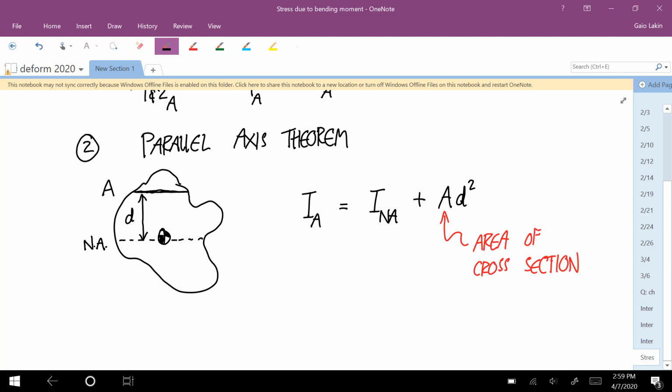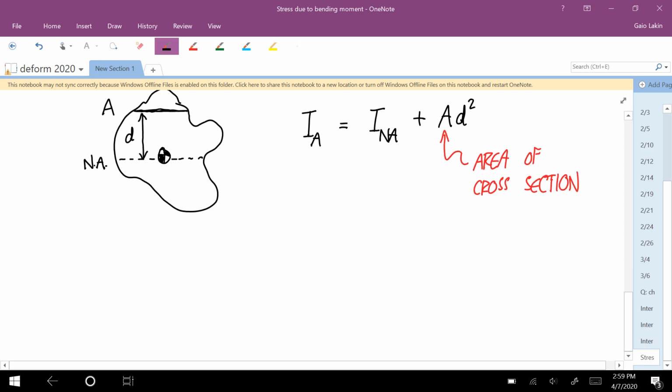So look at this formula. Can area ever be negative? No. Can d squared ever be negative? No. And so what that says is the area moment of inertia is the smallest if you're taking it about the cross section's neutral axis. Any other axis besides the neutral axis, this value is going to get bigger.